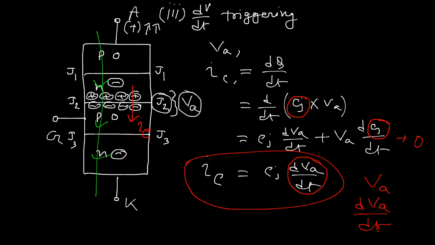On the other hand, if we apply a very small anode voltage, but the voltage changes very frequently or suddenly, it will still be in the on state. That means the rate of change of anode voltage behaves like a gate terminal voltage. That is why we call this dV/dt triggering.